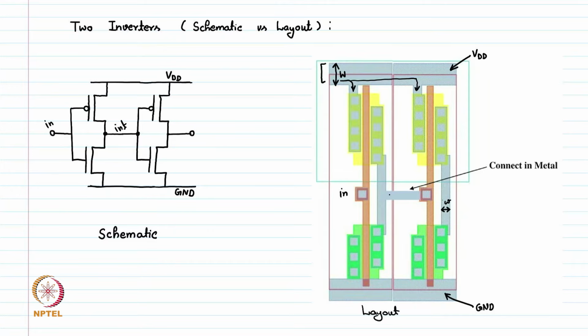This INT node is where we are connecting the drain of the first inverter to the gate of the second one. This is the gate of the second inverter. This is the intermediate node, and this is the output node.